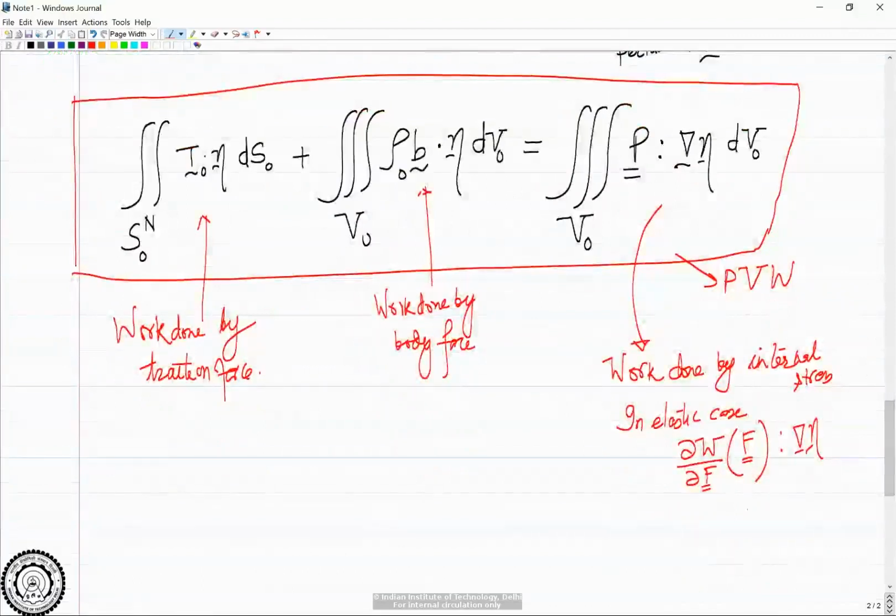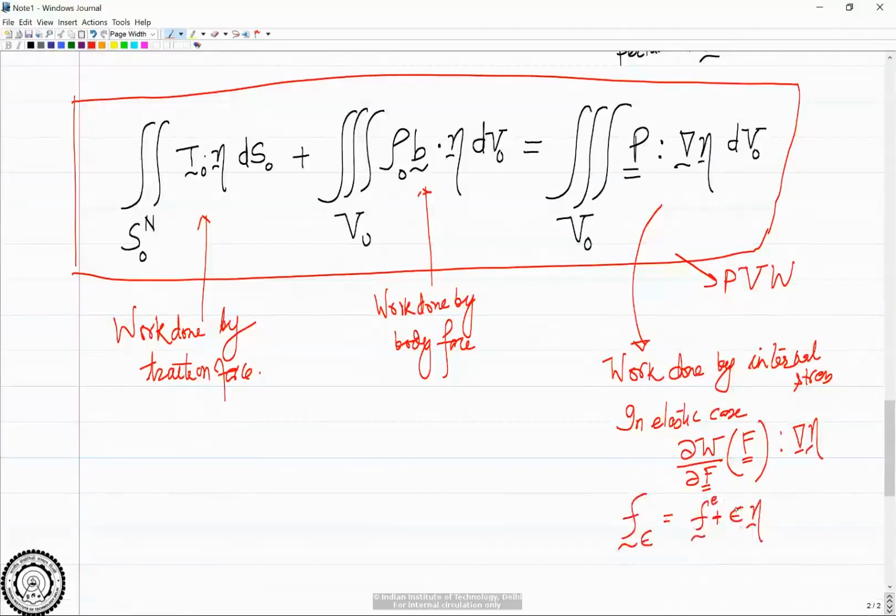Now, think of small f of epsilon, which is equal to small f plus epsilon times eta. Think of this perturbation. So f is the equilibrium f, which is being perturbed by eta, and I have put an epsilon here.